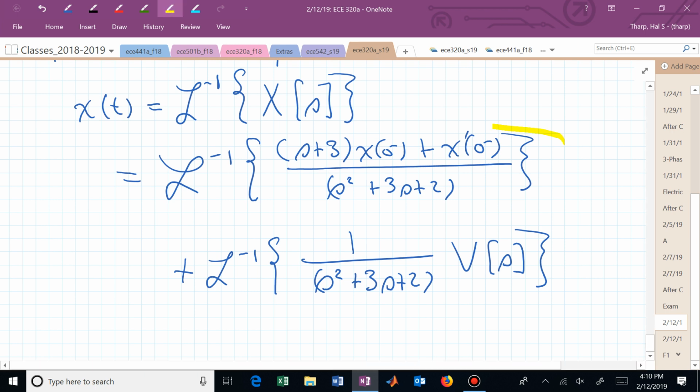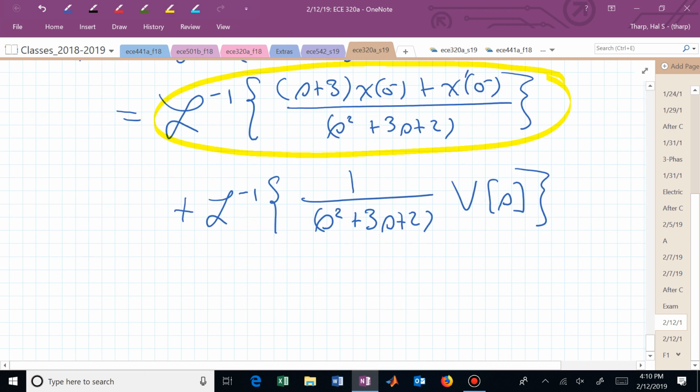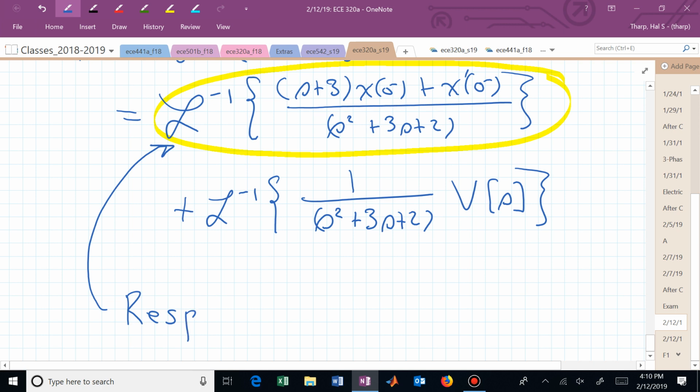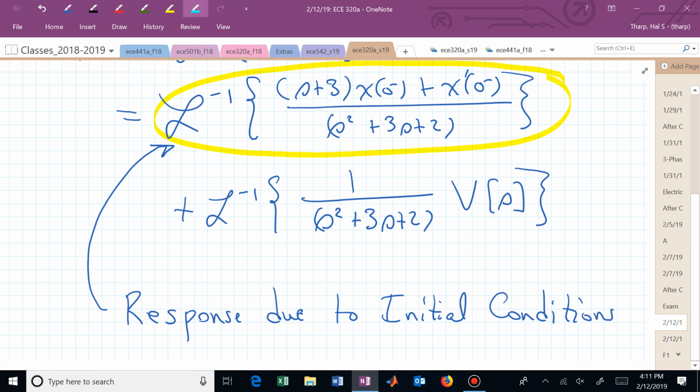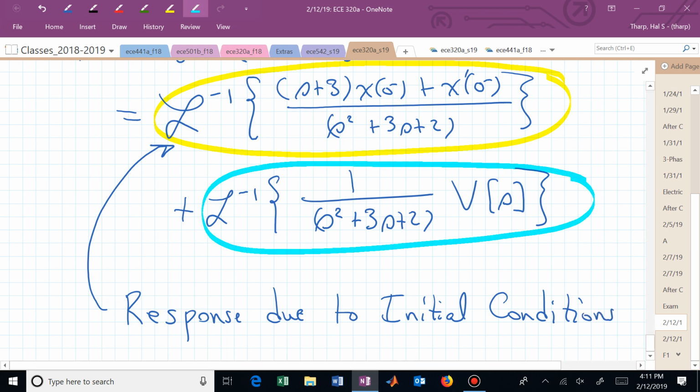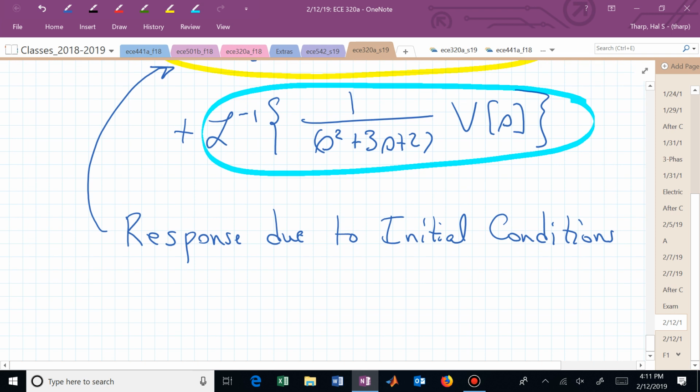This piece right here is due to the initial conditions, or the response. And this piece is due to our forcing function, or what's exciting the circuit.